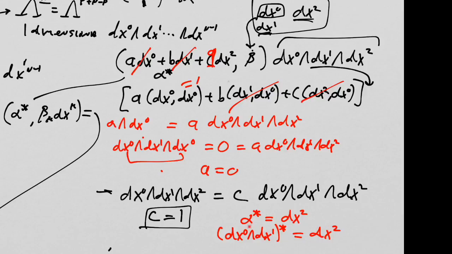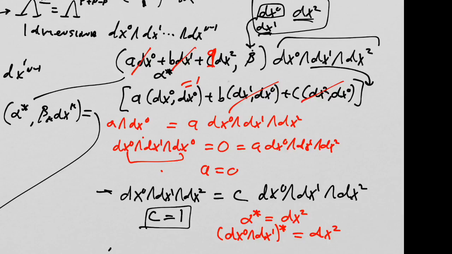So the dual of the element of the second exterior power, the Hodge dual, not the dual, the Hodge dual. Remember, the dual is a different thing. The dual would map these guys to real numbers. The Hodge dual is a member of the n minus pth exterior power. Well, n is 3, p is 2, so it's a member of the first exterior power, which is, of course, what this is. So we've just solved for the Hodge dual of dx0, dx1.